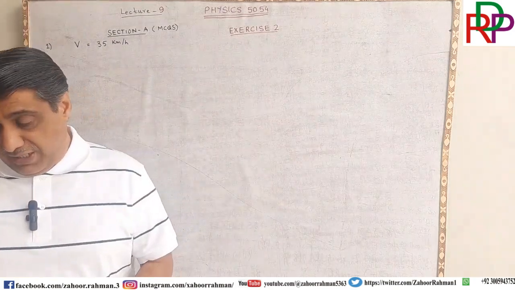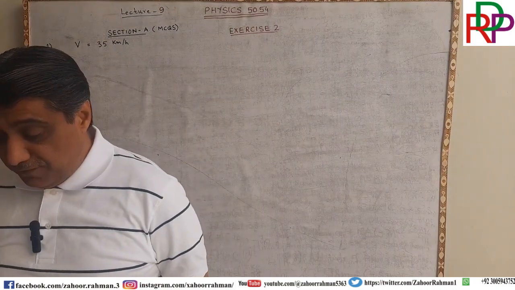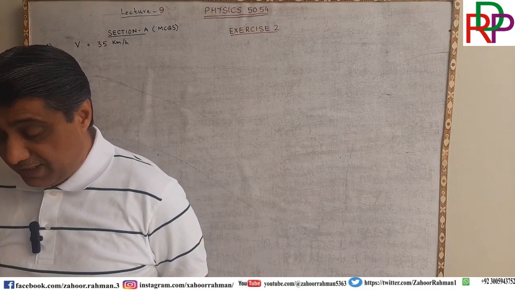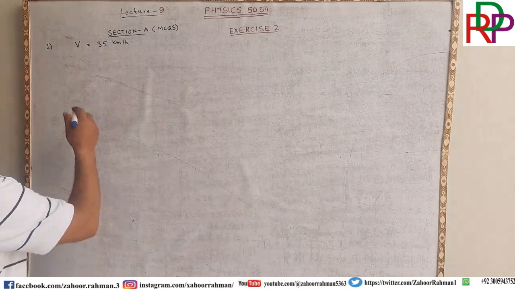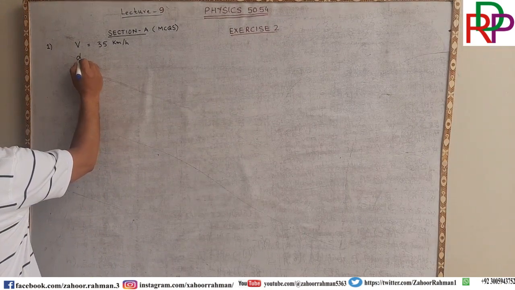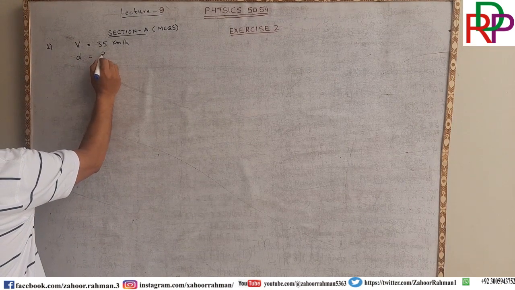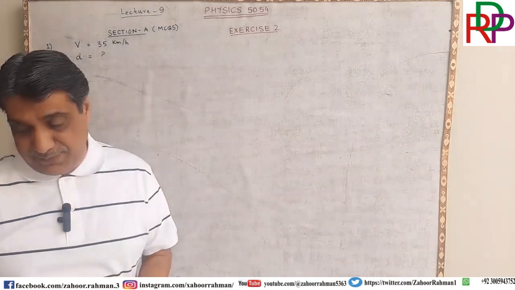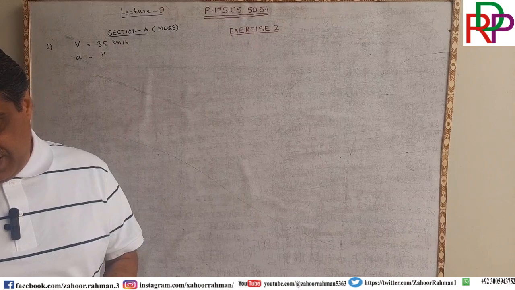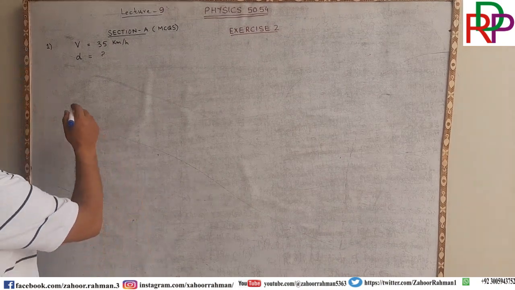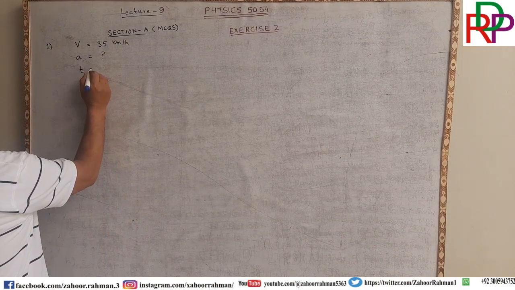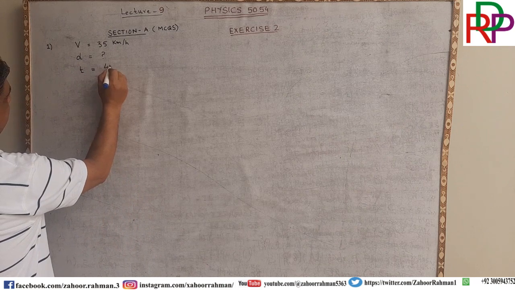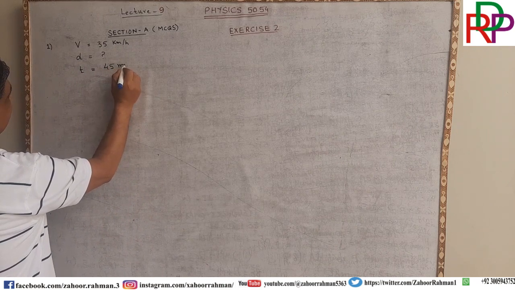This information is given to you. How far can it travel? So we have to find the D, that is, distance. And then T is given as 45 minutes.